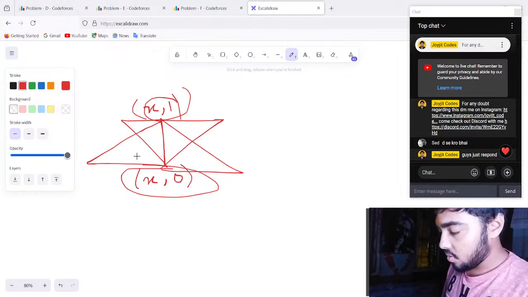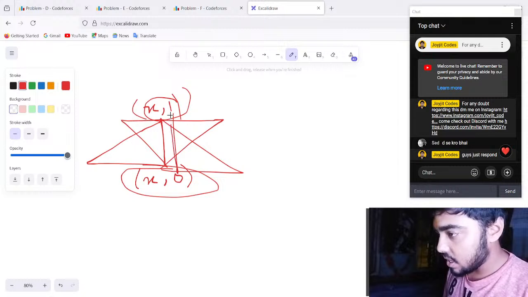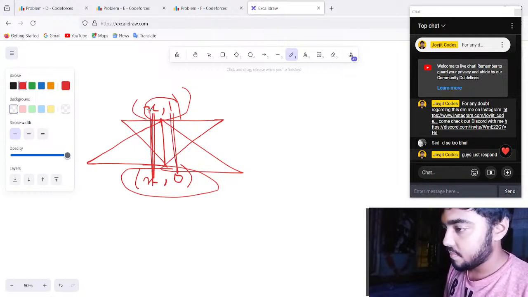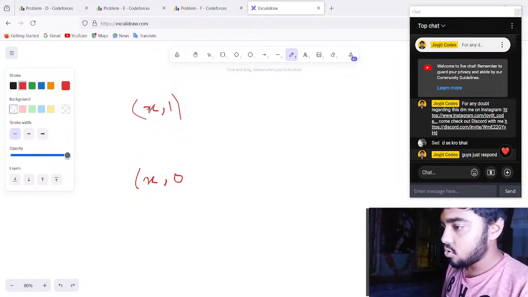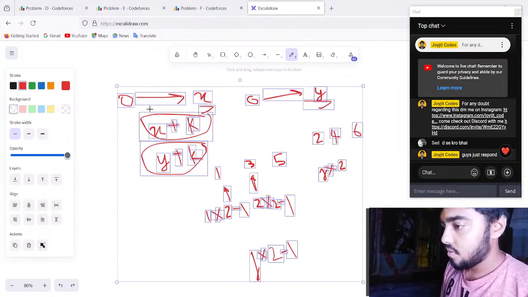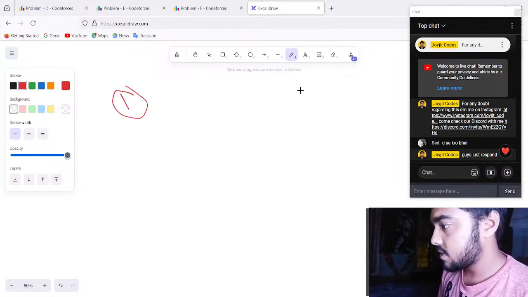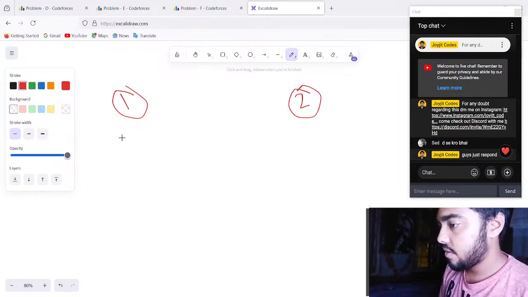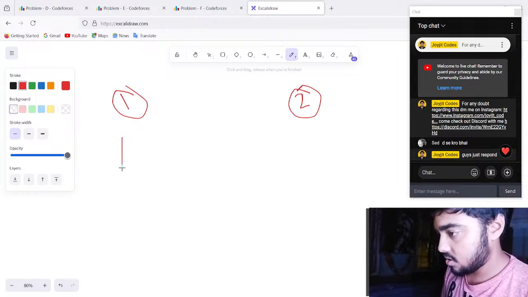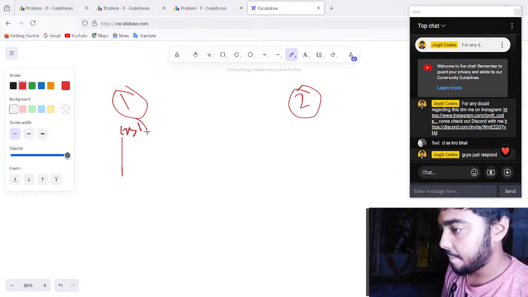Basically this happens when both the values, this and this, are 1 and 0, and these 2 values are the same. So we got 2 cases: first case and second case. Let me explain the first case. The first case is the one I just told you: x comma 0 and x comma 1.